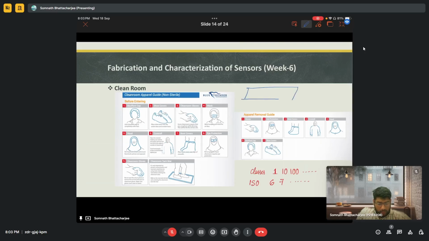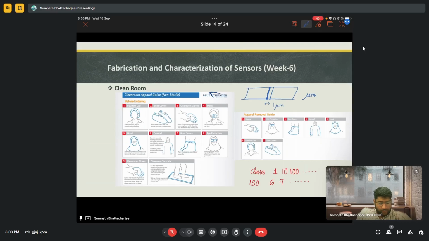So let's say you are preparing a very small sensor that is in the micrometer range, okay? And there's a small microfluidic channel inside your sensor, let's say, and its width is only a single micrometer.